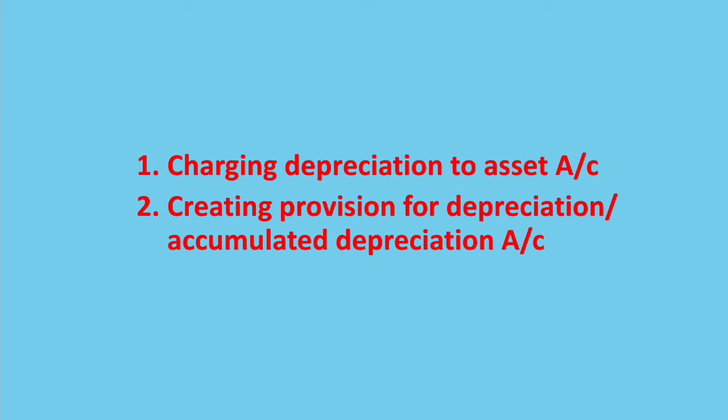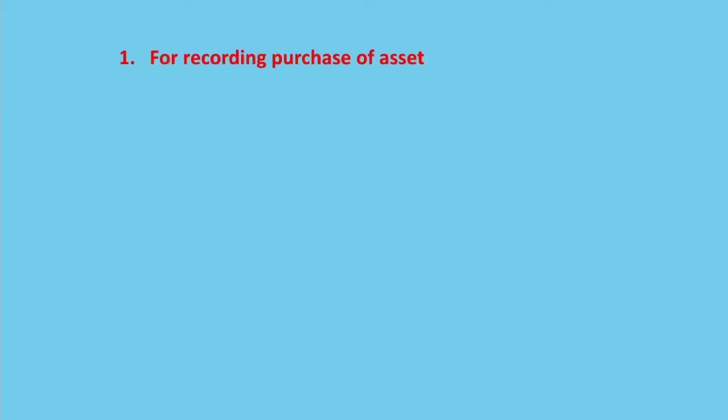What are the entries in this method? First we have to record the purchase of asset. Here we are purchasing an asset, so we can debit asset account. Here the asset increased, so we can debit the asset account. And we can credit either cash or bank or vendor's account.